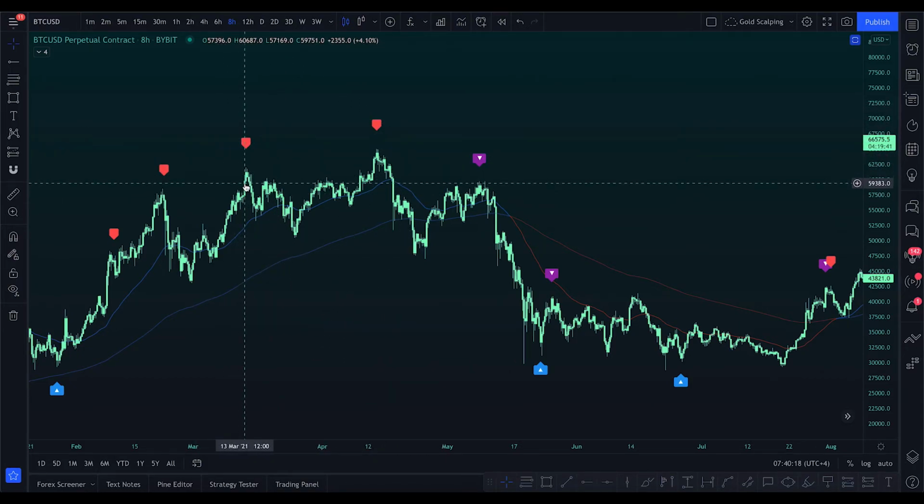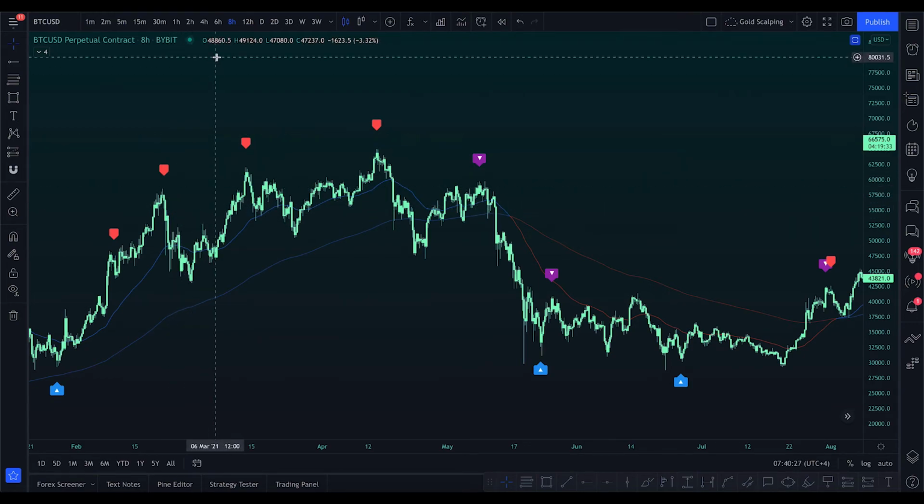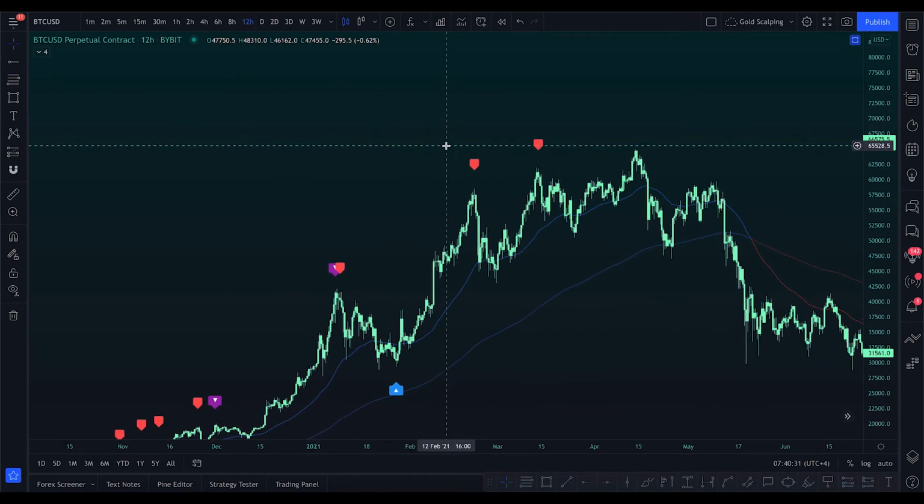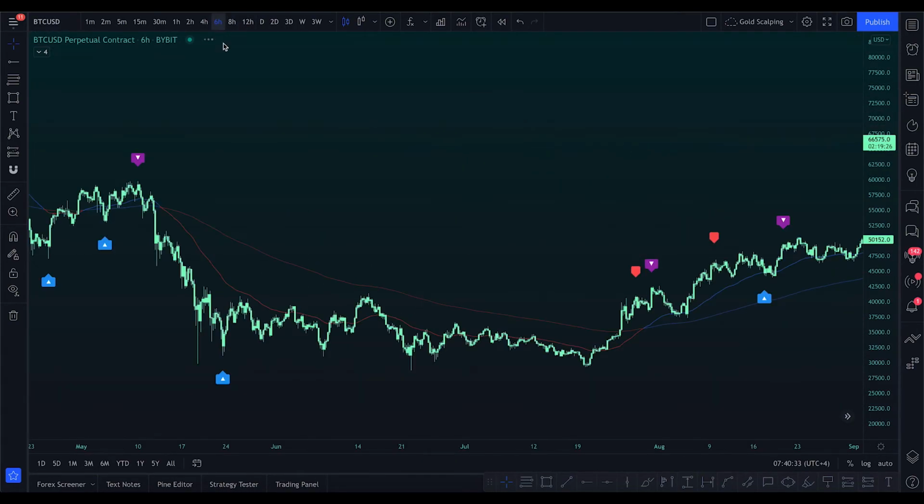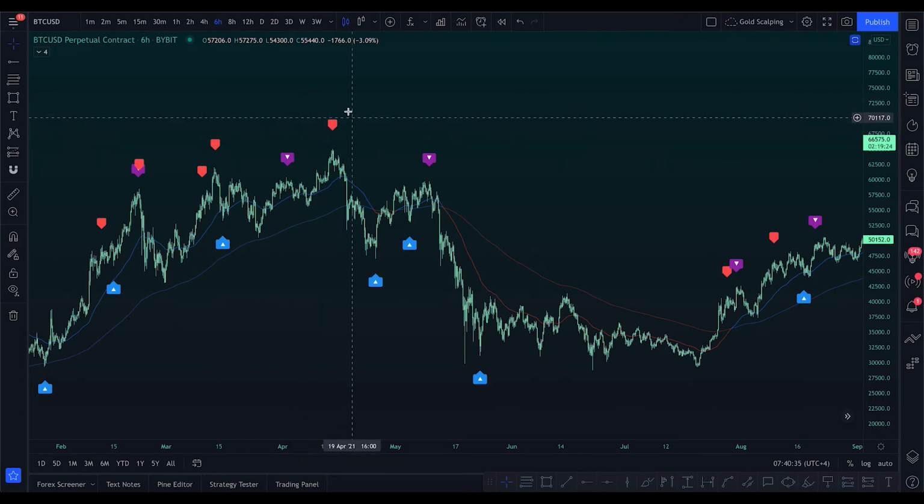Of course, I'm going to show you in the next videos about confluence, about how to combine this with levels. But yeah, just be aware of your strategy, right? Looking at the 4, at the 6 hours, 2 hours, you see the signal in many different time frames. So you could spot that trade as well.